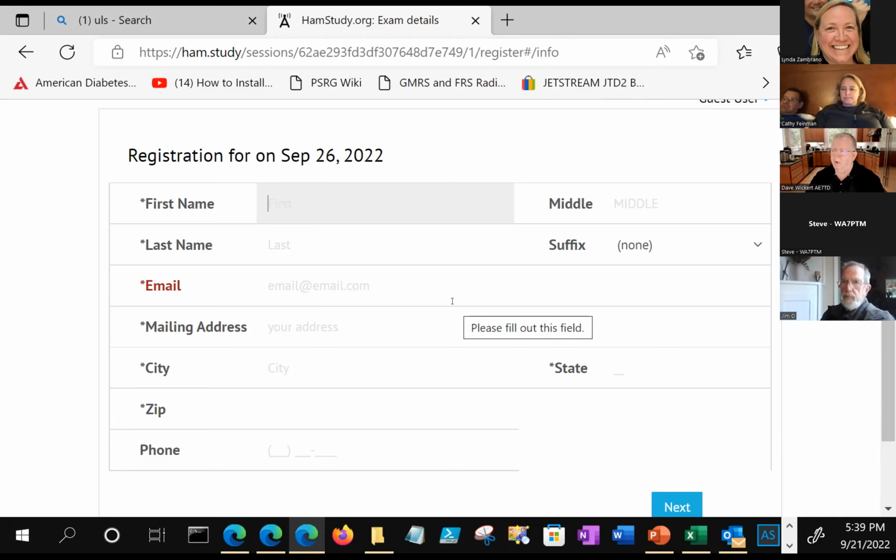So we check to make sure your computer is configured properly. We do a quick scan of your room to make sure you have a movable camera. We will check to make sure that you have a government issued photo ID with you, like a driver's license or a passport. And then we will move you over into a testing room, again, which is a Zoom breakout room. And you will share your screen and then go to a website, hamstudy.